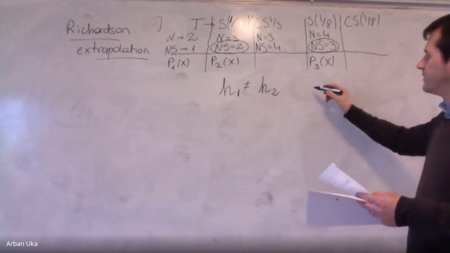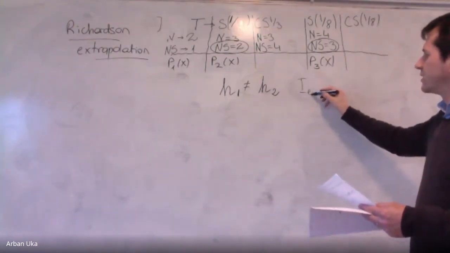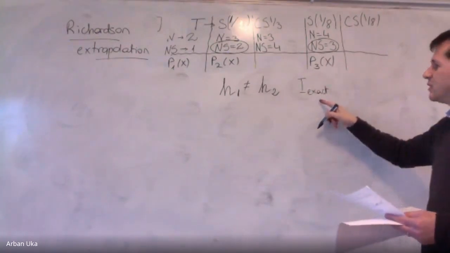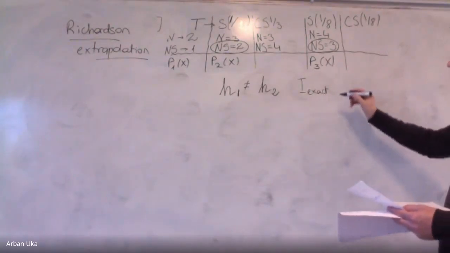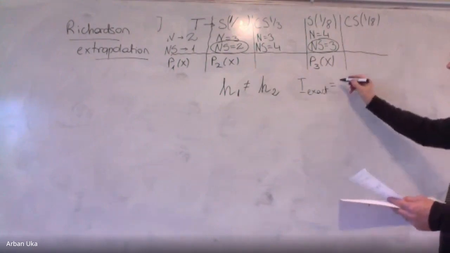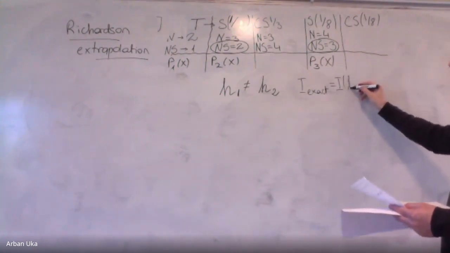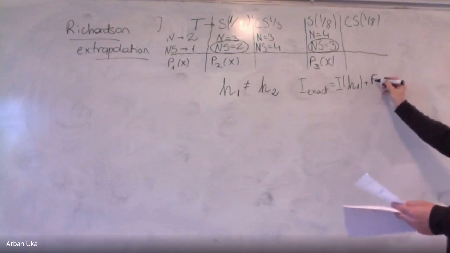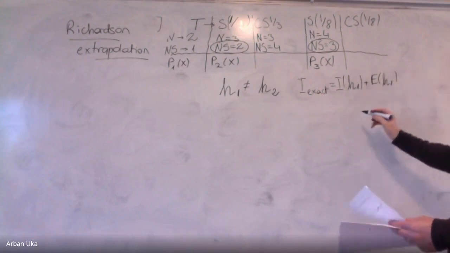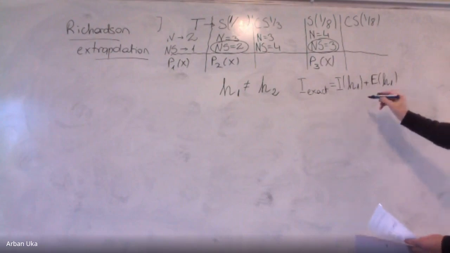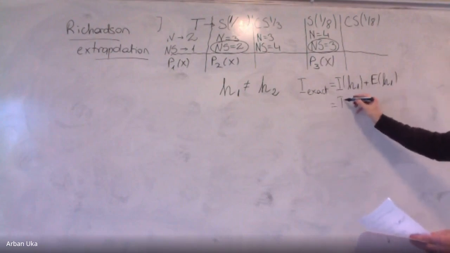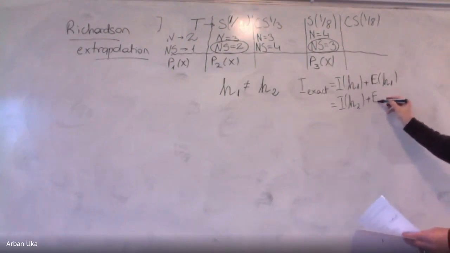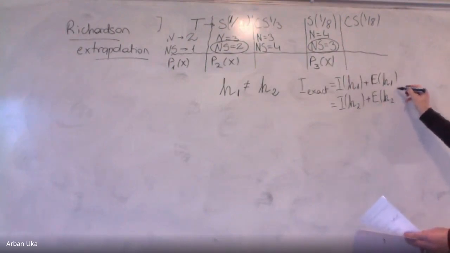We can say that the exact value of the integral, which we don't know, but we are trying to approach this exact value, can be written as the integral as a function of h1 plus the error of h1. And similarly, this is also equal to the integral based on h2 plus the error, which is a function of h2.